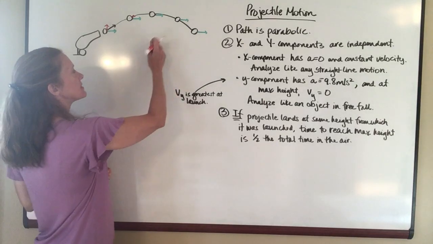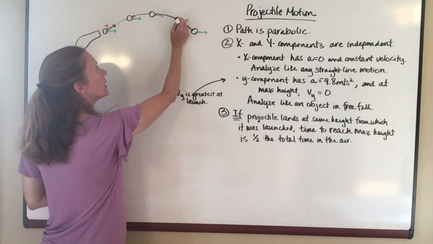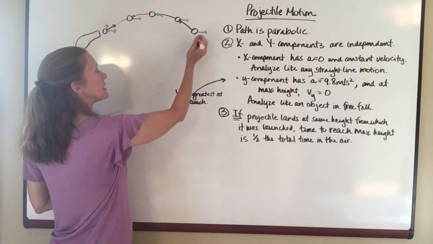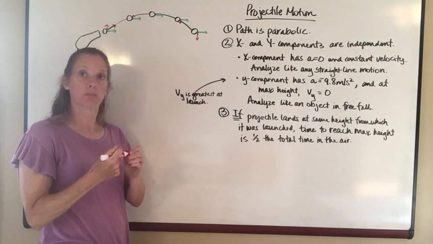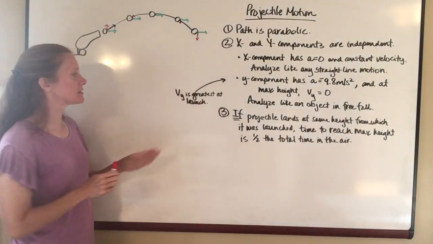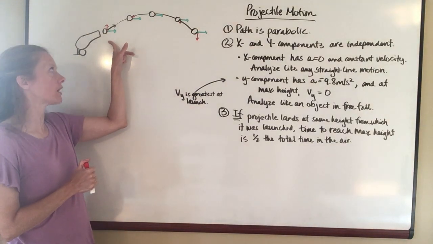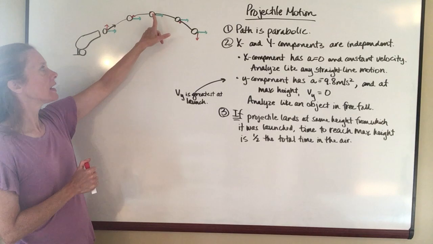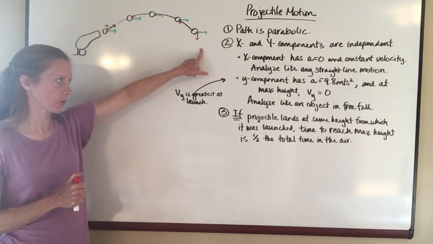Then, as this cannonball starts to fall back down towards the earth, because it's being accelerated in the negative direction, the y component gradually gets more and more negative. So the velocity in the y direction is greatest at its launch. Here it's getting smaller, here it's 0, here it's negative, here it's even more negative, okay?